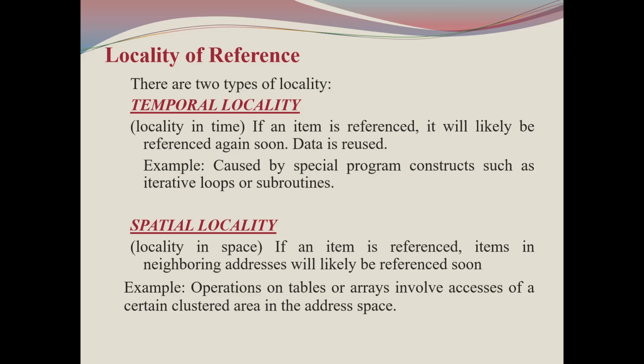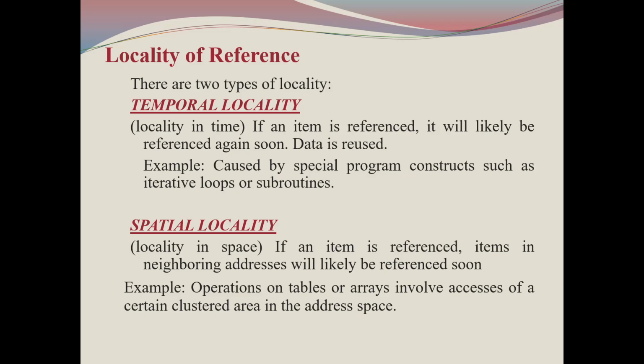There are two types of locality. One is temporal locality, that is locality of time, and another is spatial locality, that is locality in space. Suppose an item is referenced.